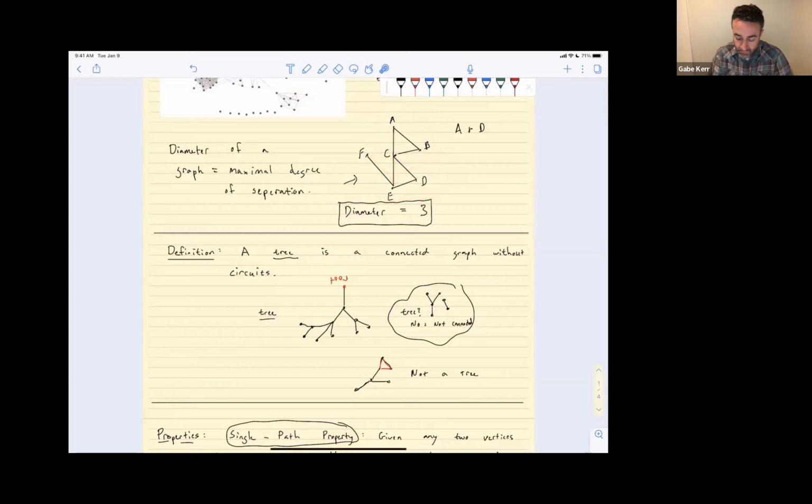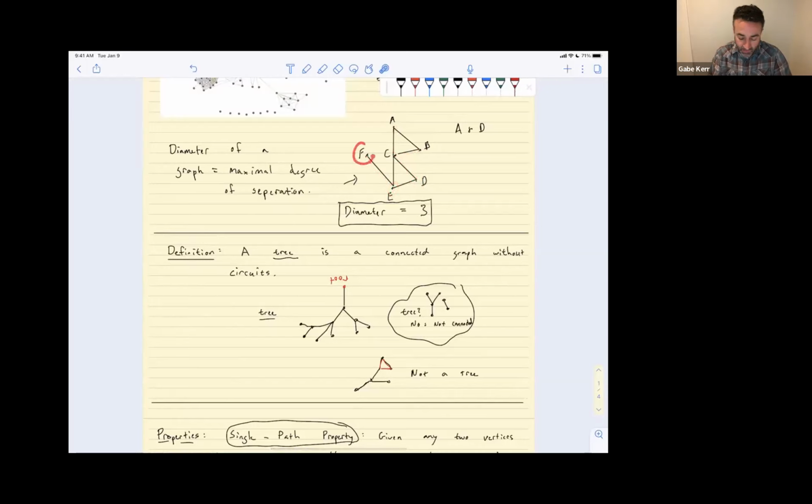And if I look at D or E, let's take D, for example. What's the degree of separation? To E, it's 1. To C, it's 1. To A and B, it's 2, because I have these paths, 1, 2. And then to F, it's also 2. So the maximal degree of separation from D to any other vertex is 2, and the same thing you can say for E as well.